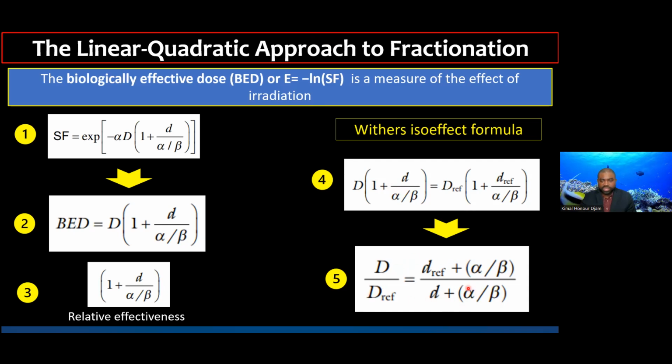Equation 5 is very important in that it gives us what we call the isoeffect relationship, where we could compare one fractionation scheme to a new fractionation scheme to give us the same biological effect, assuming that there is no overall extended time, if everything works as initially planned.